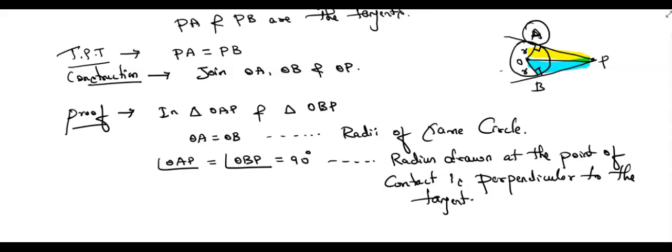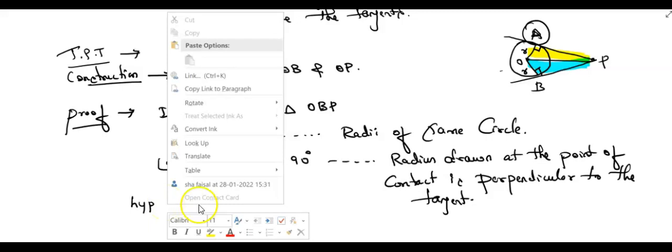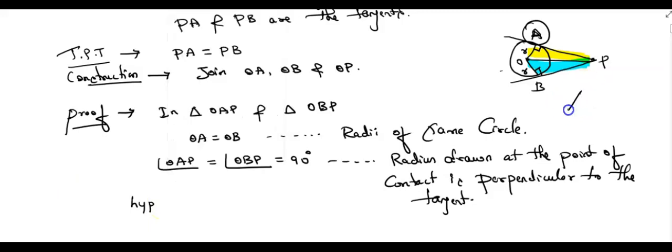And also we know that AP is hypotenuse, BP is also hypotenuse. We can say that hypotenuse OA, hypotenuse, see here children, let me take one triangle. This is my 90 degree.